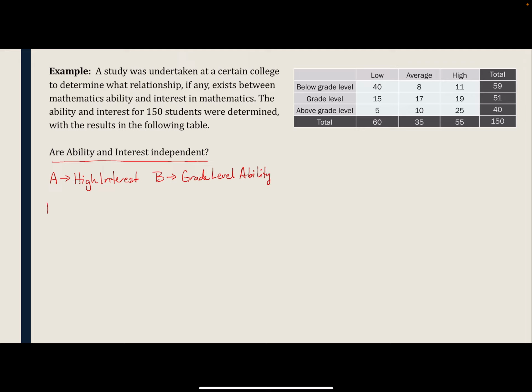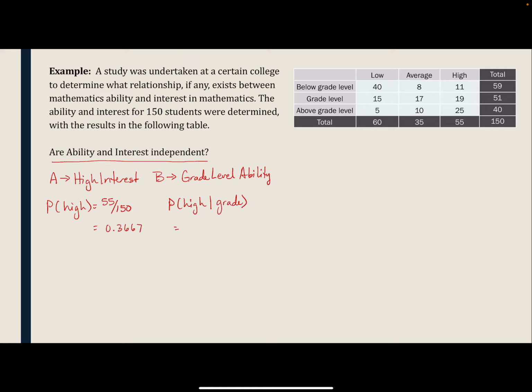So then the probability that a student has high interest, we figured this out. It was 55 over 150, and that is 0.3667. And we want to compare that to the probability of having high interest given grade level ability.